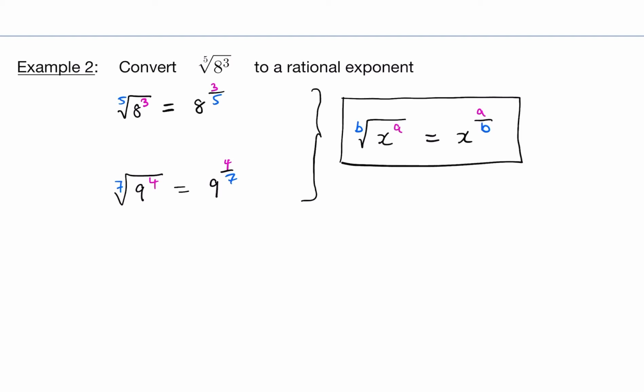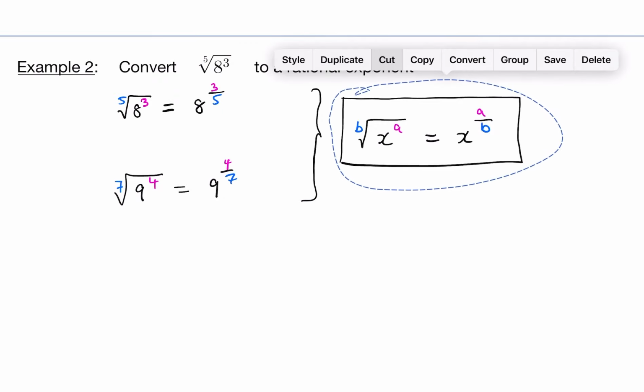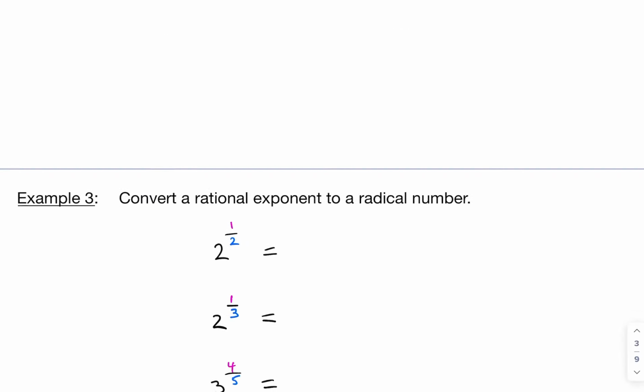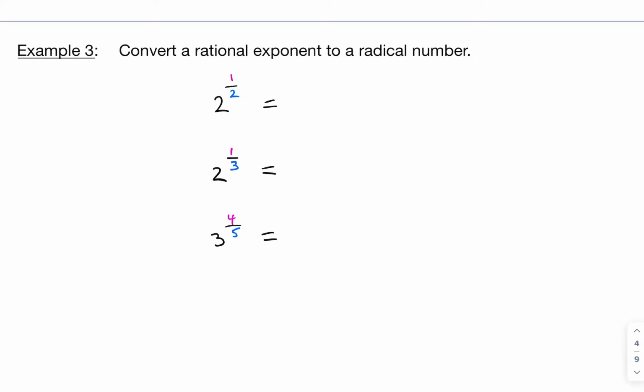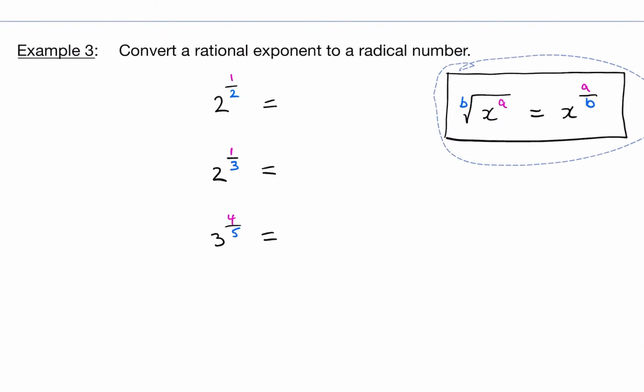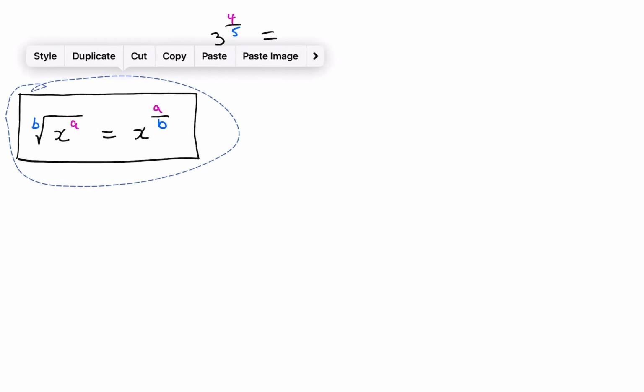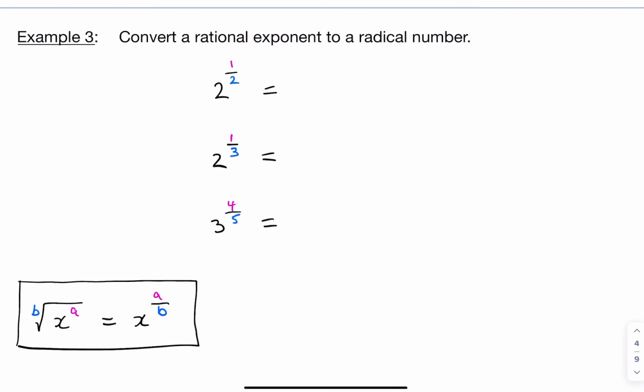Okay? So we're going to use this formula and do the same exact thing with the next example. So I'm going to go ahead and take a component of the formula and paste it over here. Let's put it down here. Okay, so let's go ahead and convert this rational exponent into a radical number.